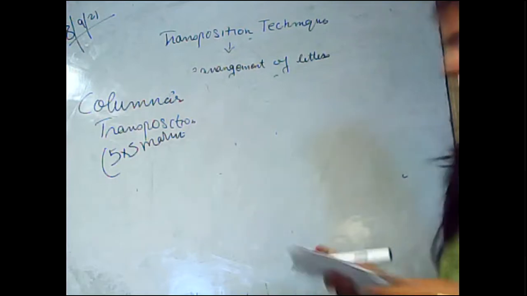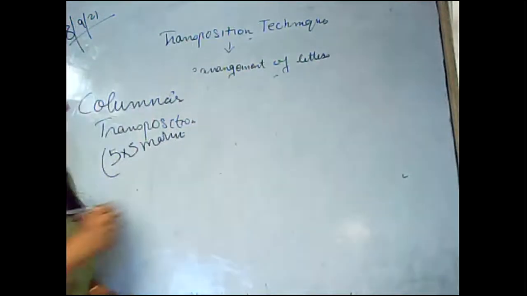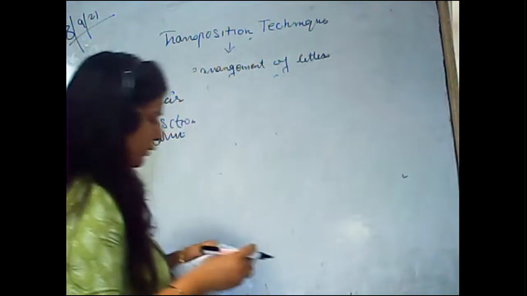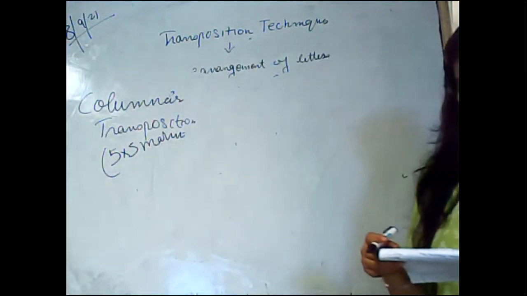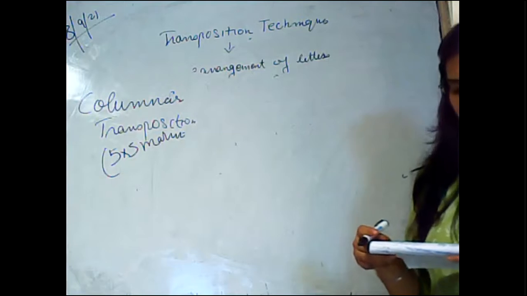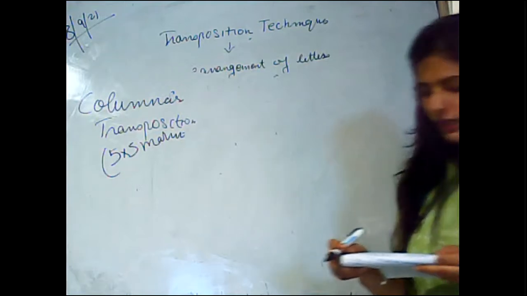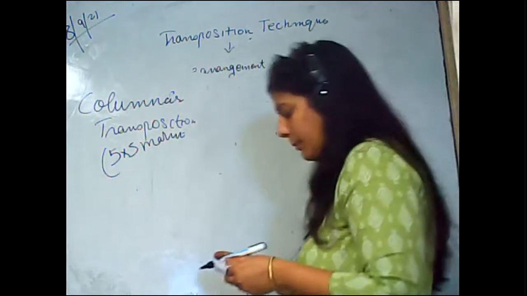Let's suppose I am given this particular 5 by 5 matrix. Here we will give importance to the columns, so we will be focusing on the column part.